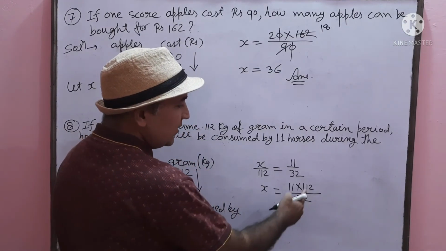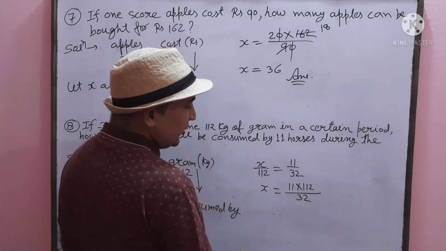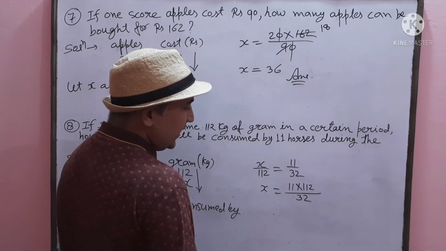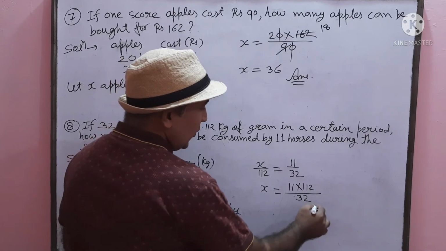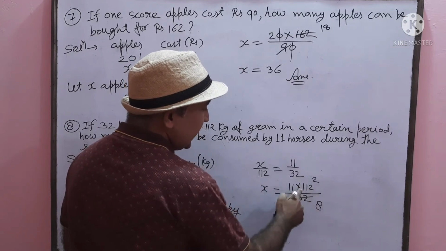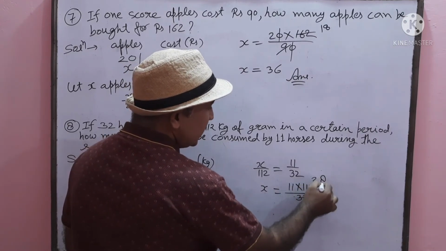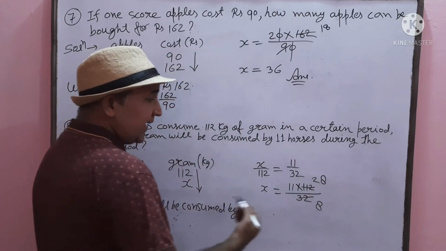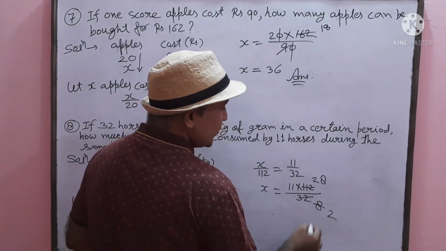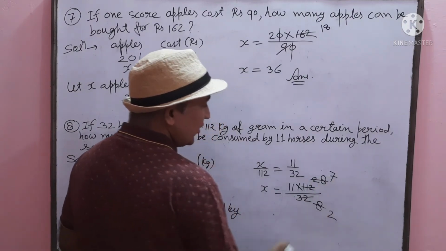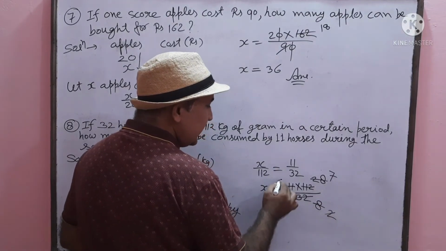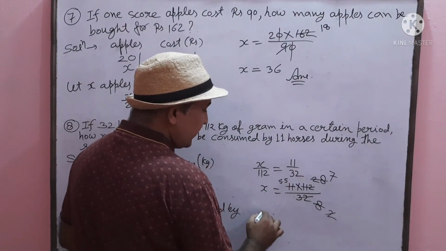You can see that 112 and 32, both the numbers are divisible by 4. 4 8s are 32, 4 2s are 8, 4 28s are 112. Again, both the numbers are divisible by 4. 4 2s are 8, 4 7s are 28. 2 is dividing 11 by 5.5 times.